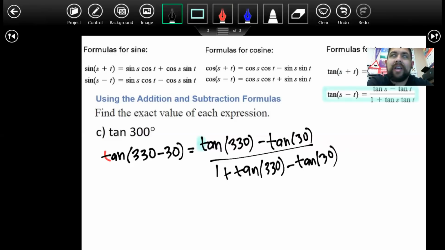The condition is, I guess, we don't want to use values that are undefined here. We can't really solve it if it's undefined for certain values. So tangent of 330 is rad 3 over 3 minus tangent of 30, which is going to give us rad 3 over 3. Is that right?